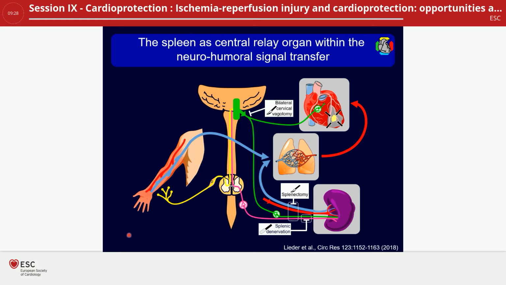But then there's also a neuronal component by sensory nerves that project through the central nervous system to the vagus. And the vagus not only activates something in the myocardium, it also acts on the spleen and makes the spleen release something that is then again transported humorally to protect the heart. So a very, very complex pathway, but it fits well to the very systemic body's response that we have here.